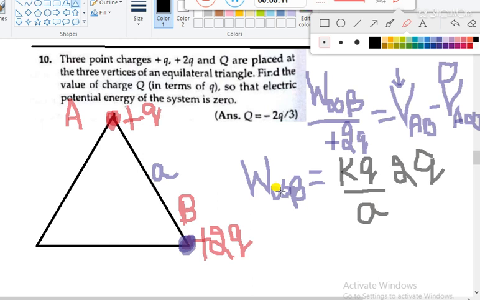Now students, you have to see that if we bring another charge here, that is given in the question that there are three charges.